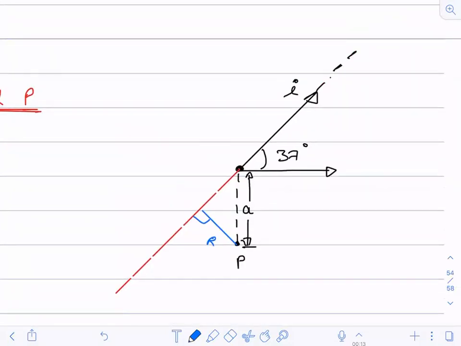Your one end is going up to infinity. So for the end that goes to infinity, phi 1 becomes 90 degrees. If I draw a line like this, this angle becomes almost 90 degrees.